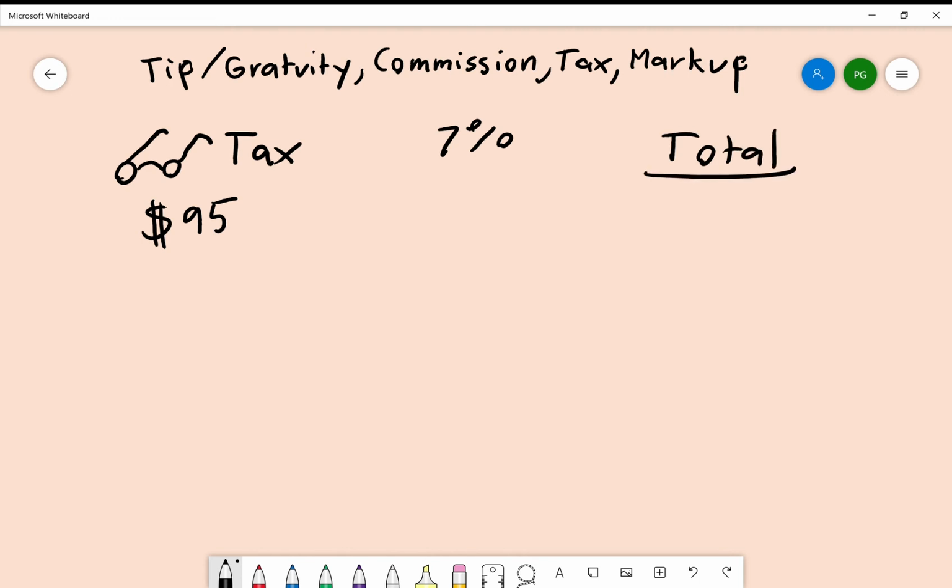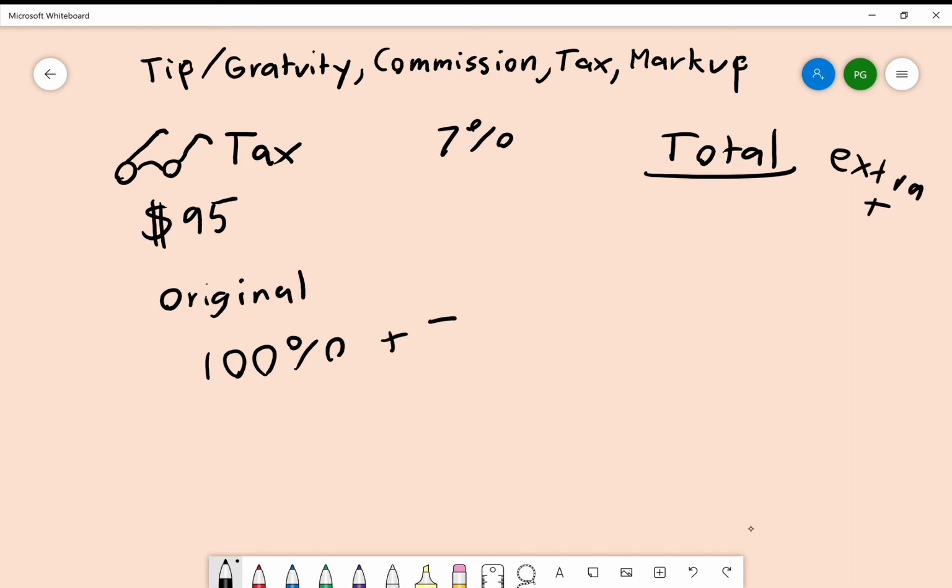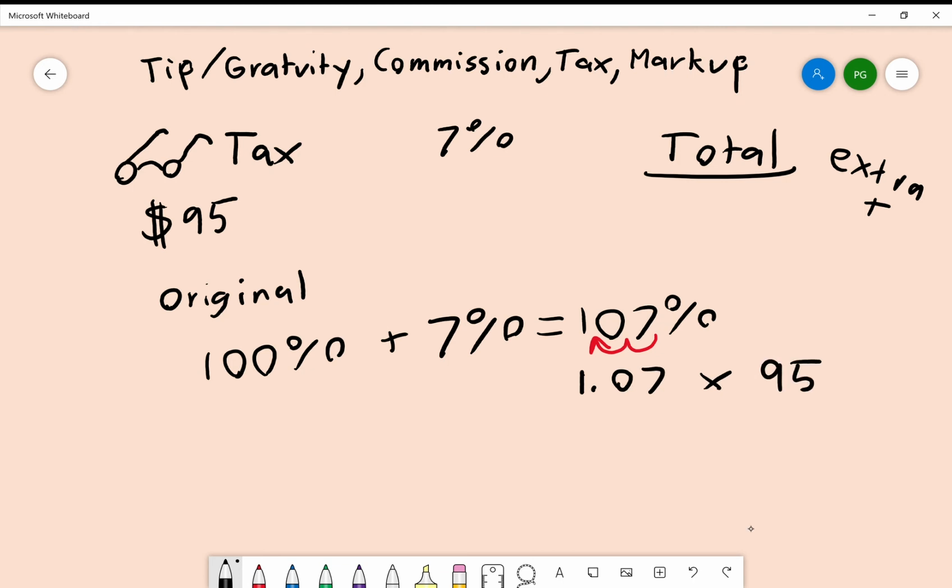Well, if I'm doing the total, then I take my original amount, which as a percentage will always be 100%. Now remember, tax is something extra. So if it's extra, I am adding. So I take that 100% plus 7%, and it gives me 107%. Okay, 107% as a decimal is 1.07 times my original $95.